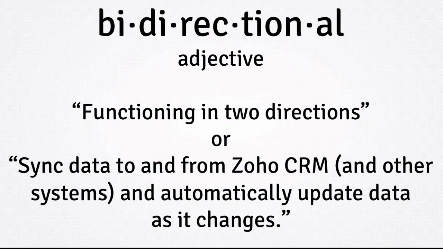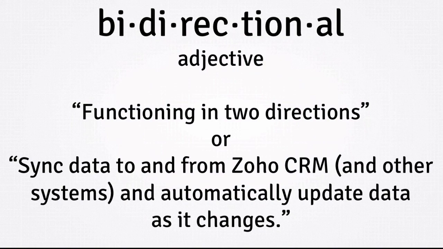So for us, when we think of integrations, this is not a one-way integration. This is not copying data from Zoho out to our finance system or copying in from a marketing system into Zoho. This moves in both directions, and we believe that this is the demarcation line as to whether or not a system is integrated. Otherwise, it's just kind of a copy and paste.